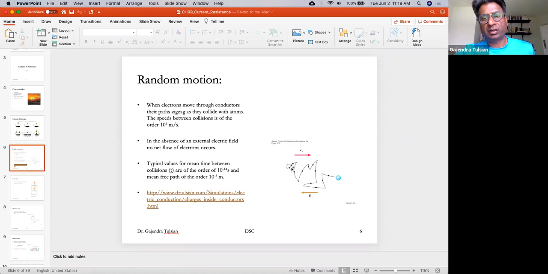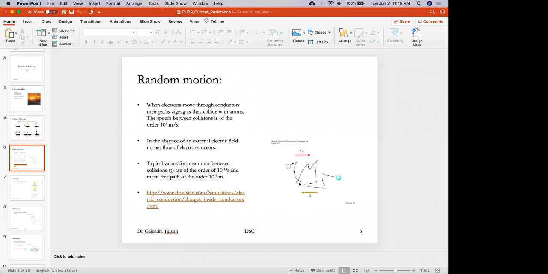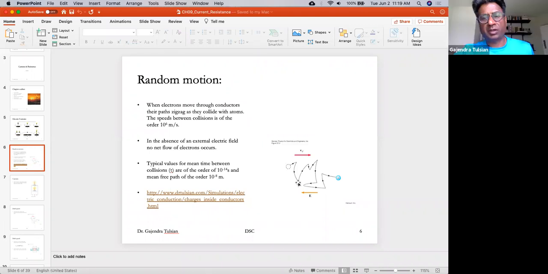So an electron collides with an atom, and then it'll collide with the next atom within 100 trillionth of a second. That's what that number is saying. And it travels about 10 to the minus 8 meters between collisions on the average. So that is roughly about 100 atoms later, it'll collide again. Okay, so that's what that means.